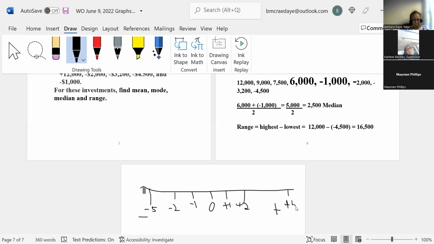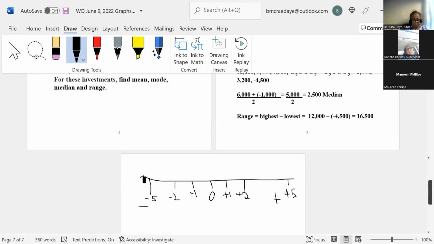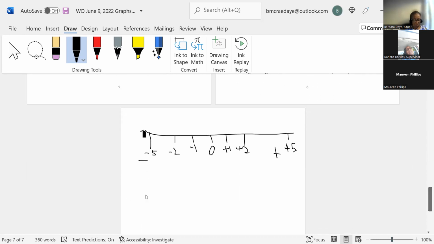Now, on the number line, Maureen, which direction, left to right or right to left, is an increase? Right. Let me just put here, increase. In other words, the numbers are getting larger.